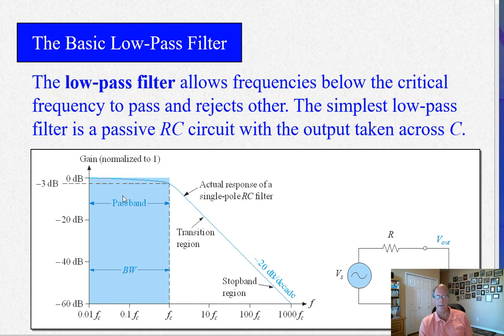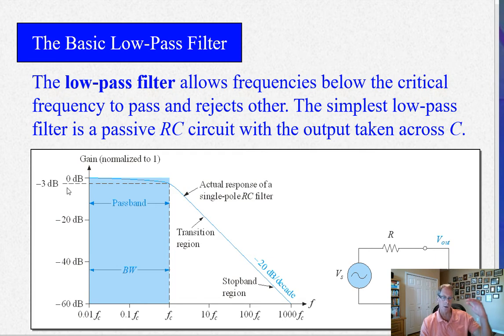So this is the pass band. This is the range of frequencies that the filter allows to go through. The point at which it begins to stop frequencies is called the cutoff frequency, FC. That is defined by the point at which the passband gain, which is normalized to 1 here, is minus 3 dB.